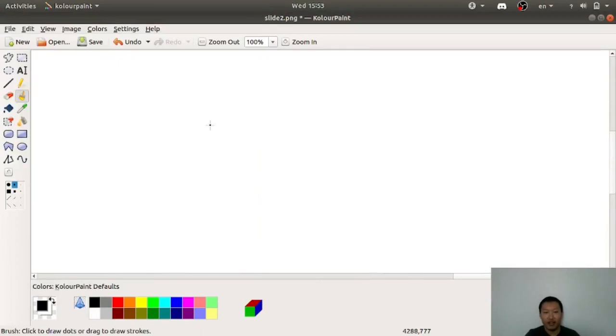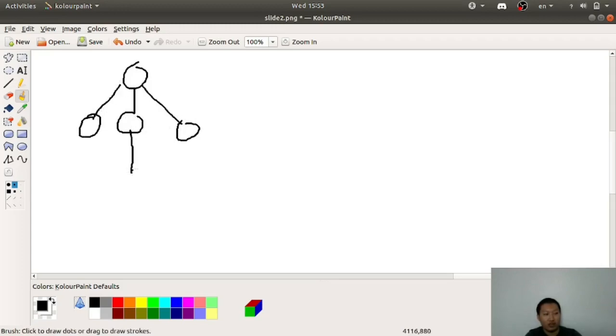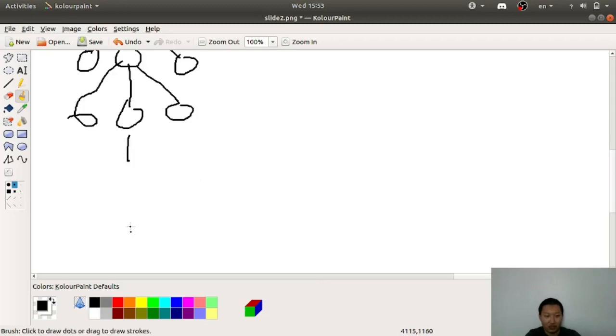So let's have n be the number of rewrite rules. And then let's say we have the parse tree for some string that's generated by our language. You know, maybe the tree looks something like this, and then we go down a number of steps, and then we go down here, and then there's more.